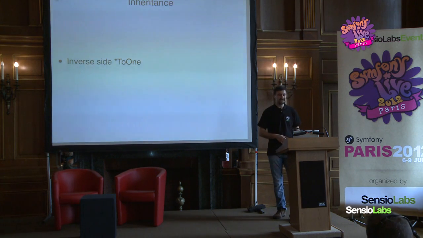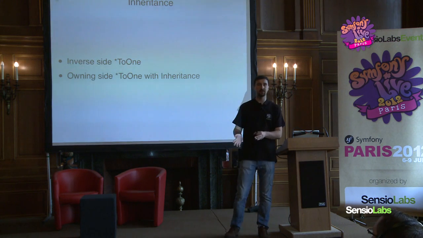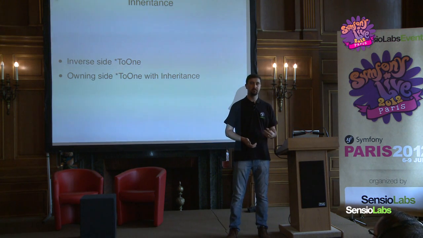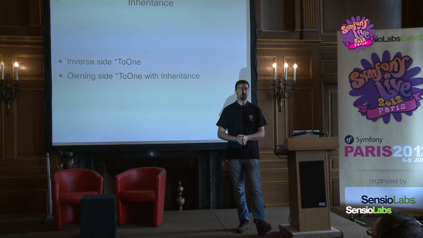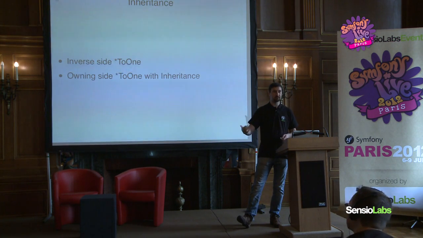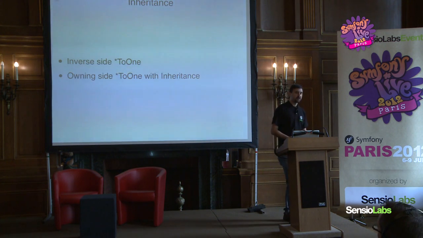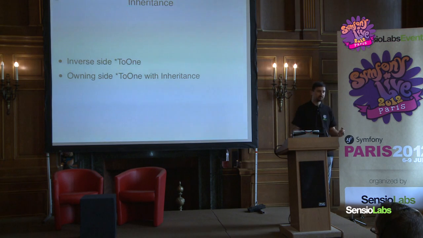OK. The second one is the exact situation of blog posts and comments. Suppose that blog post is part of an inheritance, like article, and then you have a specialized version, which is the blog post. And then you have comments, where each comment points to the post that it was in. Every time that you try to fetch for the comments, you just query for the comments, you don't know what you have from the other side.